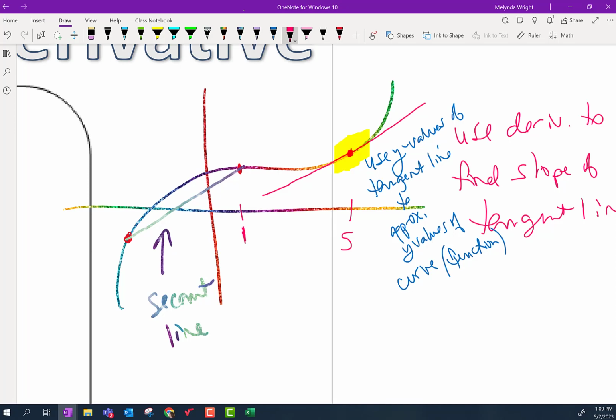Would that be a good approximation? I would be finding this value and using it to approximate that value. That seems like a terrible idea, doesn't it? They're very far apart. So that's what we're talking about: the closer you are to the point of tangency, the better your approximation is. Again, that's just big concepts. Are we okay? We good?